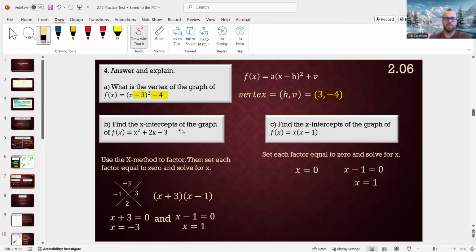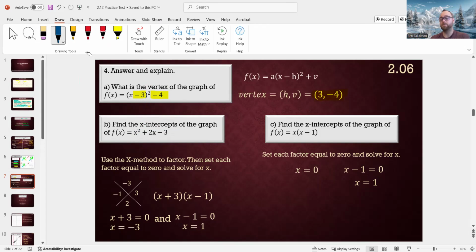B, find the x-intercepts of the graph of this function. Again, what type of function is it? It's another quadratic. Highest power of x is 2. Quadratic. And what form is this in? Standard form. Does standard form specialize in finding the x-intercepts?